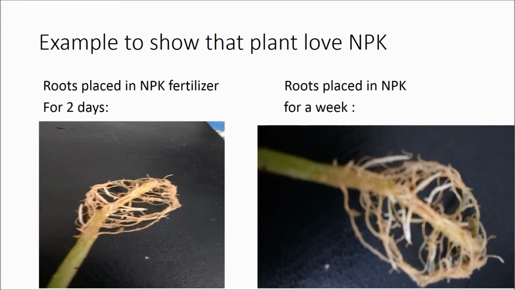But when I added the NPK fertilizer and kept this plant in the diluted fertilizer for 2 days, it resulted in these white roots, which are very thick as compared to the light brown roots. So this is how magical NPK fertilizer is.